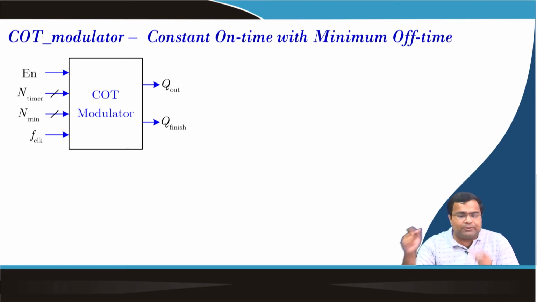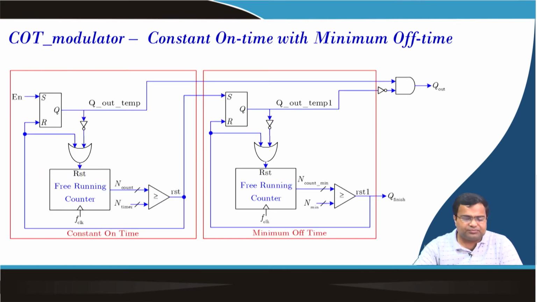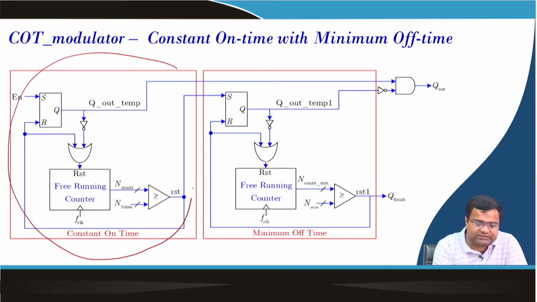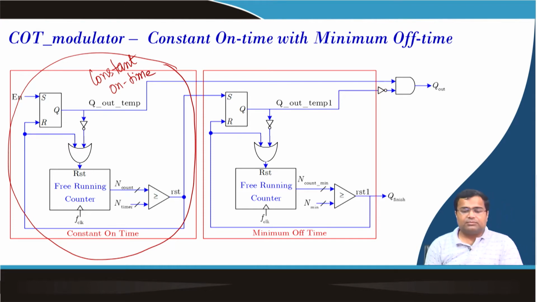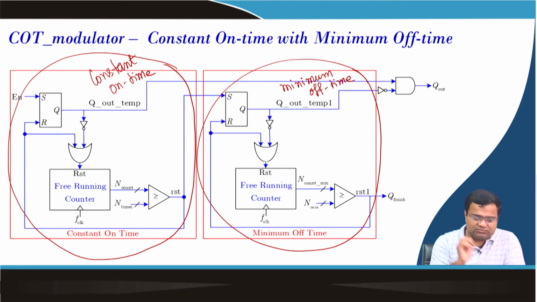Now, if we talk purely about the constant on time modulator with minimum off time, we have discussed in the previous lecture what is inside the box. This block is for constant on time, and this block will represent minimum off time.